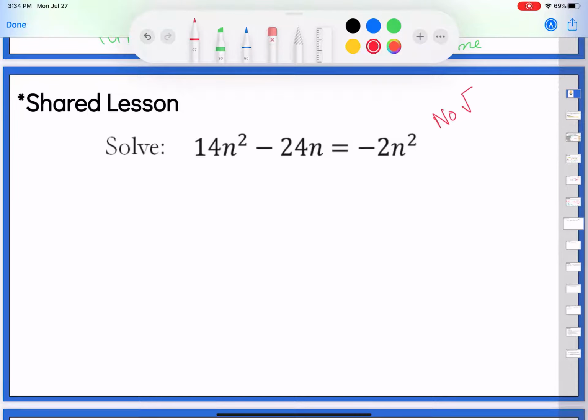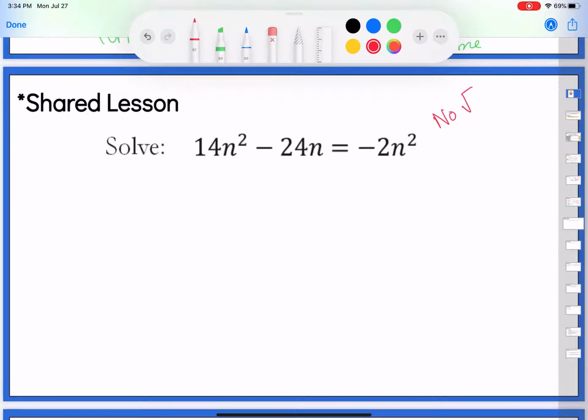So the second thing is the discriminant. Do you remember what the discriminant is? So the discriminant tells you the number of solutions for a quadratic equation. And the part of that quadratic equation that tells you the number of solutions is whatever is inside the square root.